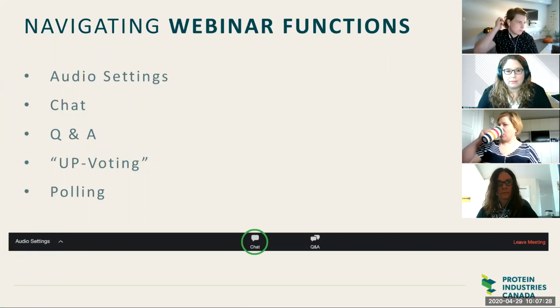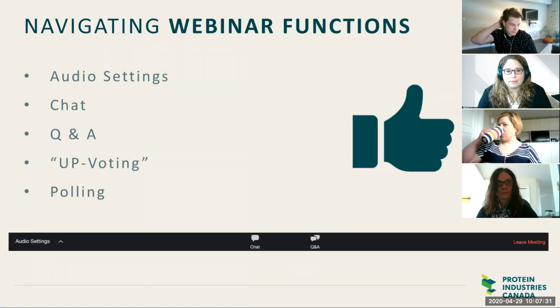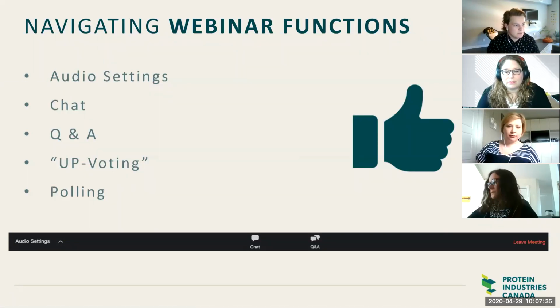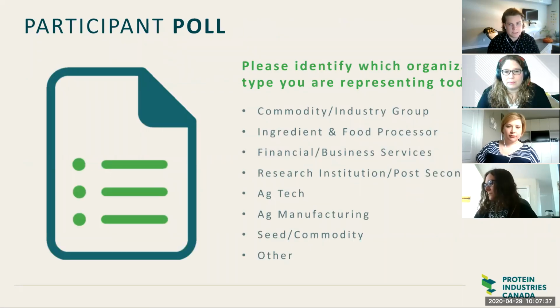That is a way for us to help curate the list of prioritized questions. This will push any questions that you vote for with the thumbs up button to the top of the Q&A so that we know that everybody is on the same page and would really like that question to be answered.